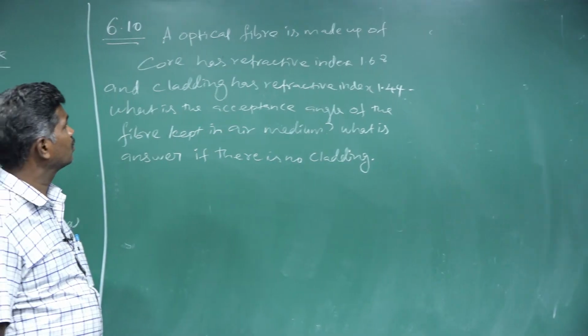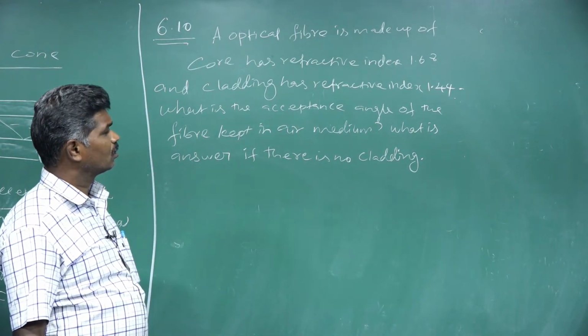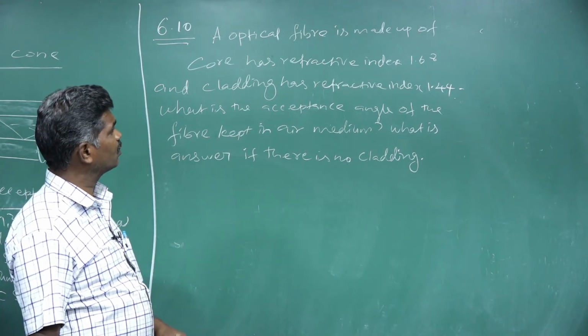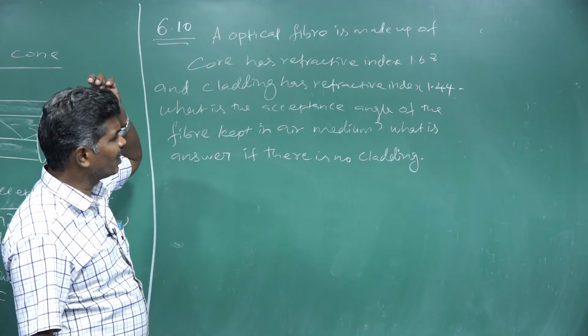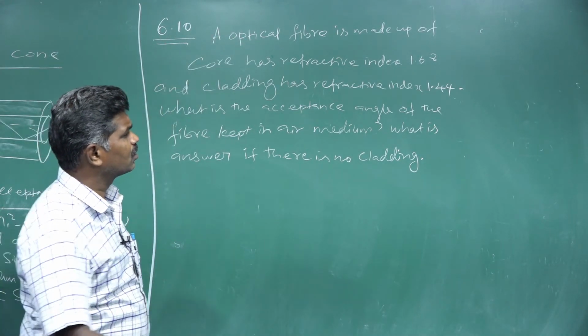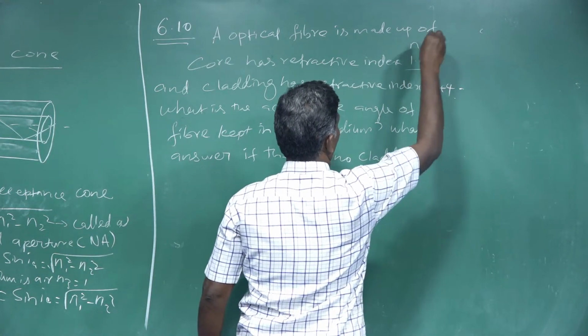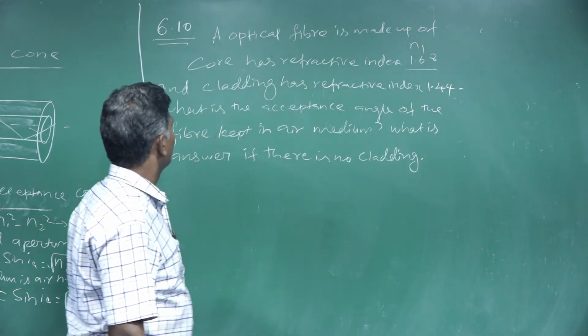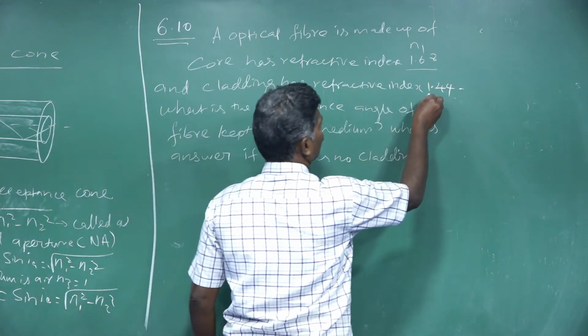Now we are going to see our example problem 6.10, which is related to the optical fiber. The optical fiber is made up of a core with refractive index 1.61. Based on our expression, it is taken as n1. And the cladding has refractive index 1.44.